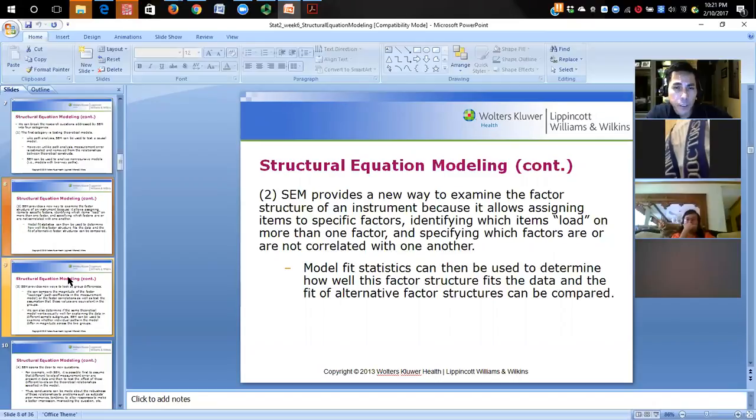I was so gung-ho about structural equation modeling when I was doing my PhD program because I was so in love with this statistical method.